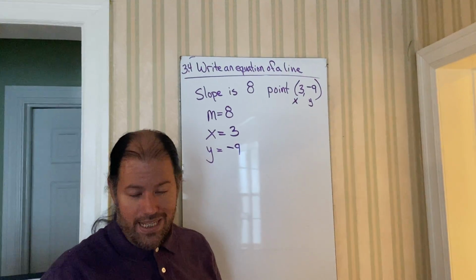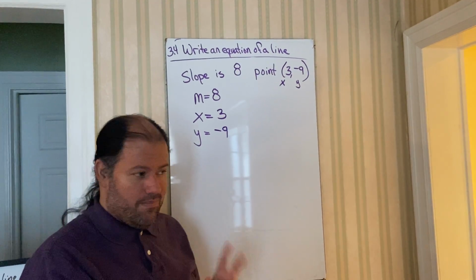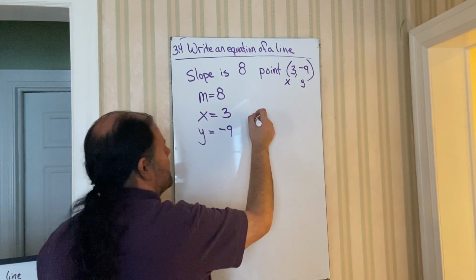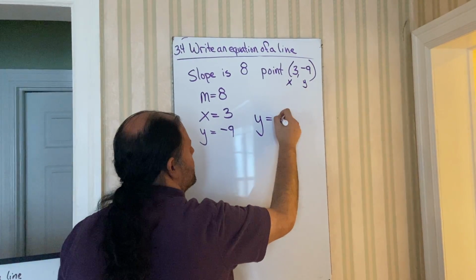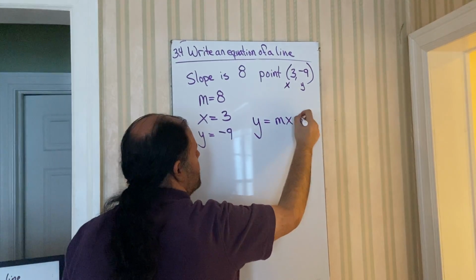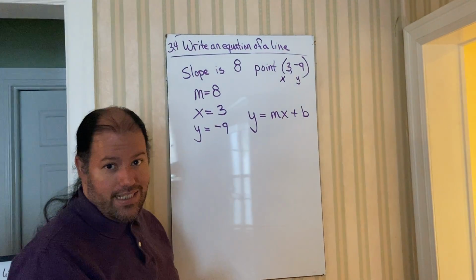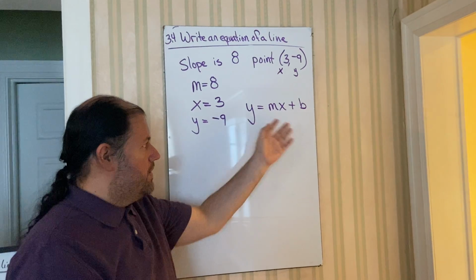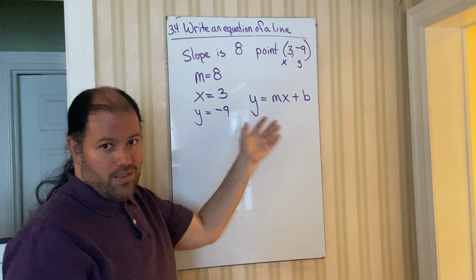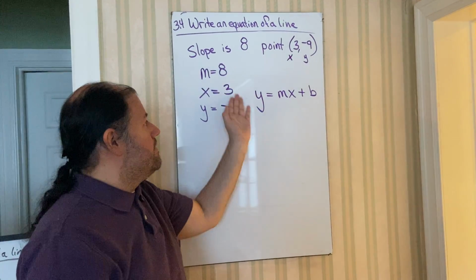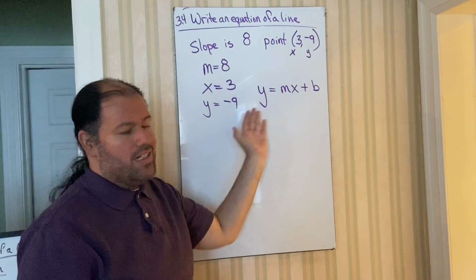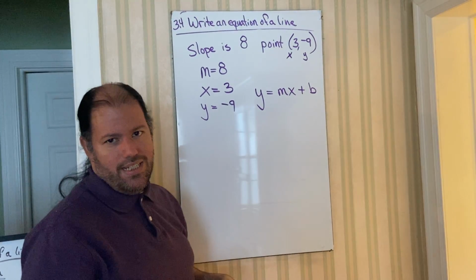So now that I know my m, my x, and my y, we told you to remember your formula, y equals mx plus b. Remember, that is your slope-intercept equation. So we're basically taking these three pieces and plugging them in here so that we can solve for b.